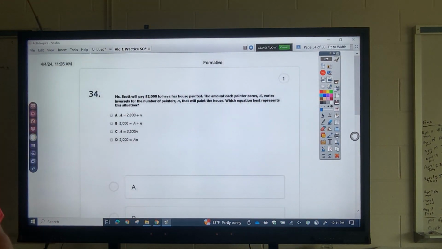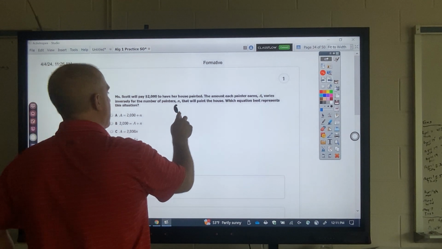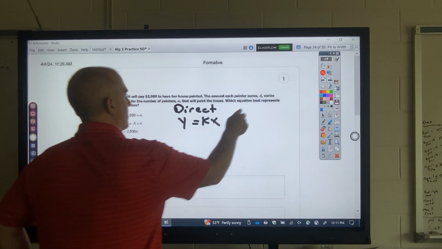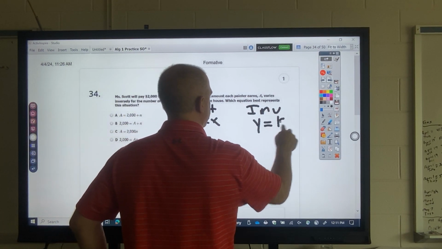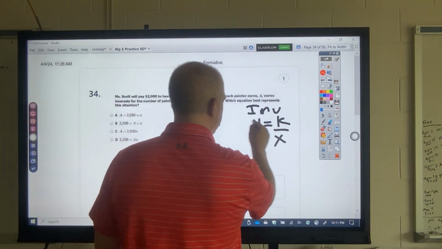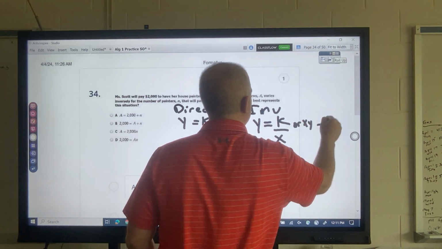Okay, all right, variation. Couple things. With direct, it's y equals kx. Inverse, it's y equals k over x. Now, sometimes they like to write the basic equation because they like to cross multiply as xy equaling k.